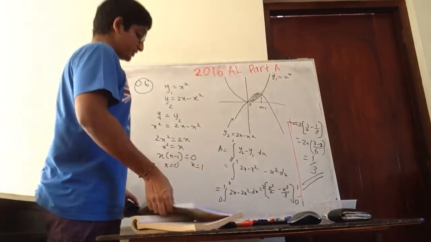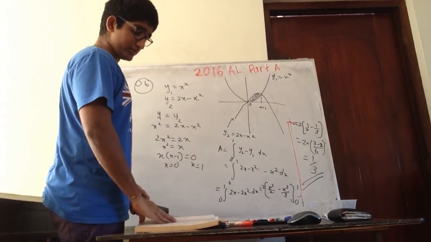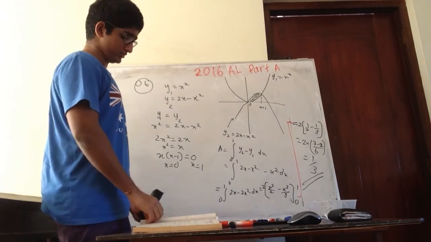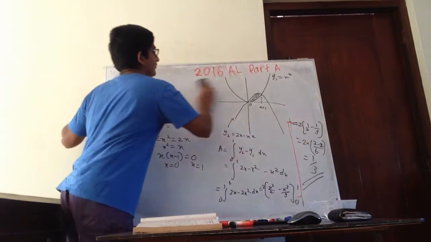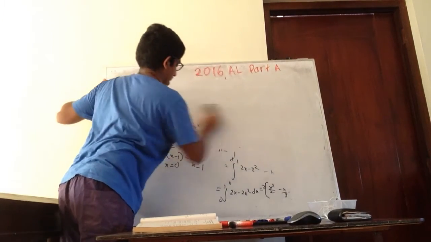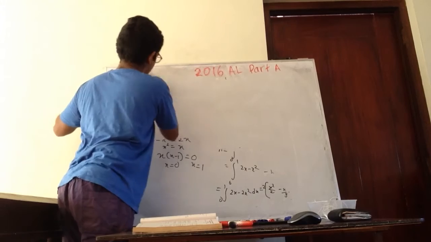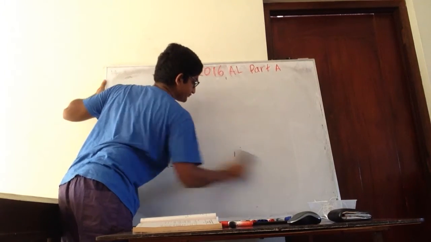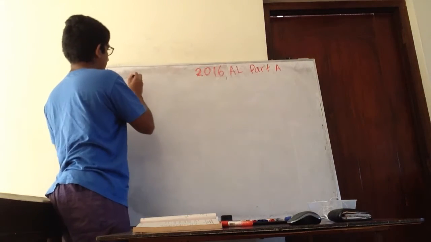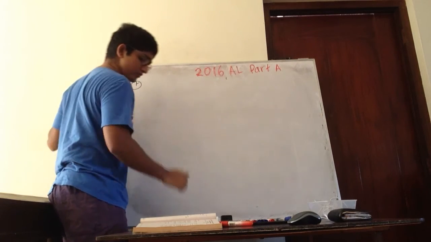Let's go to question number 7. Question number 7 is a differentiation question. So in that question, what do they say?